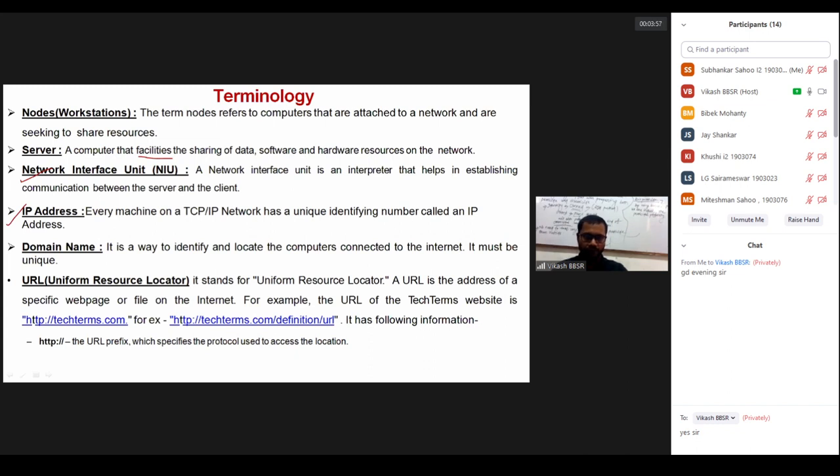Check your system. Okay, you got it. You are using Airtel. Jio. Okay. Any other?